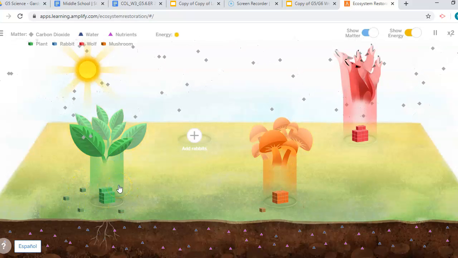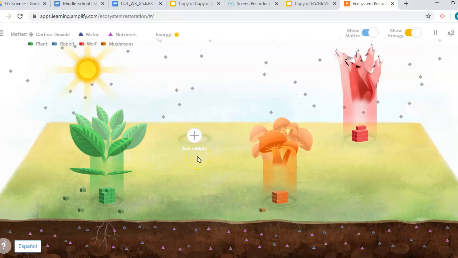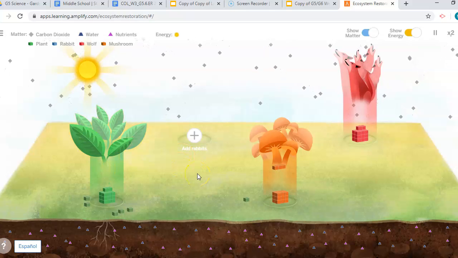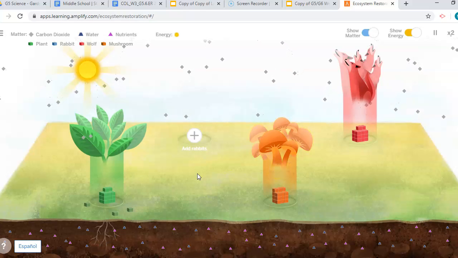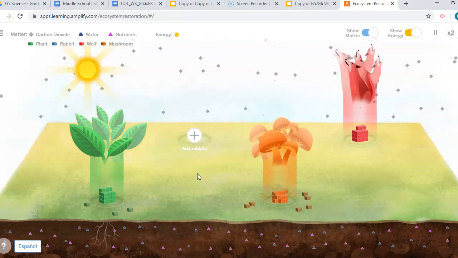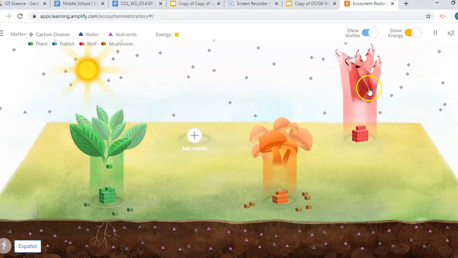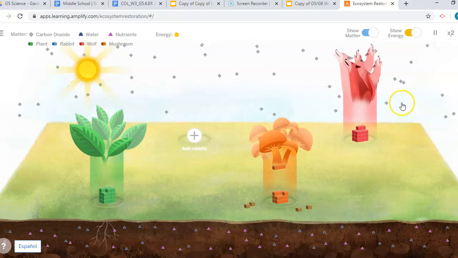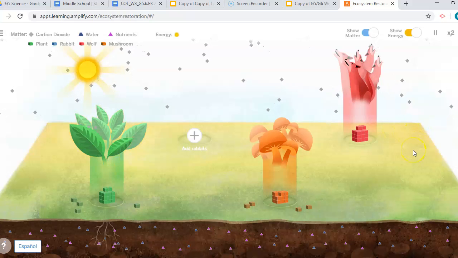Without the rabbits, I noticed something happened to the wolves. What do you notice happens to the wolves? Please remember to keep observing the wolves and what will eventually happen to them.